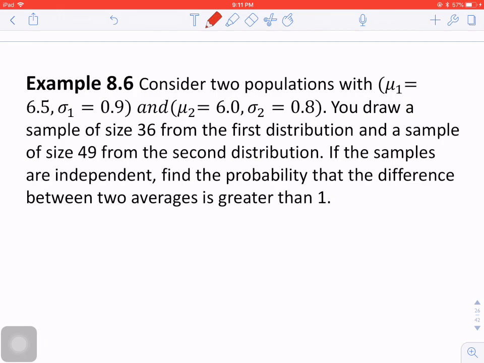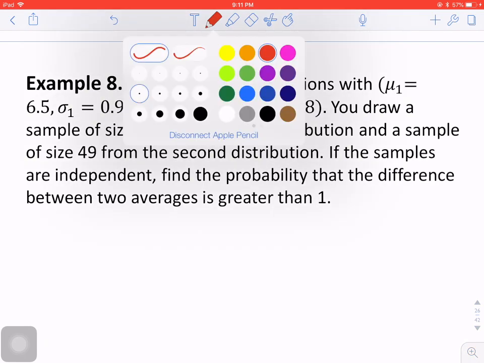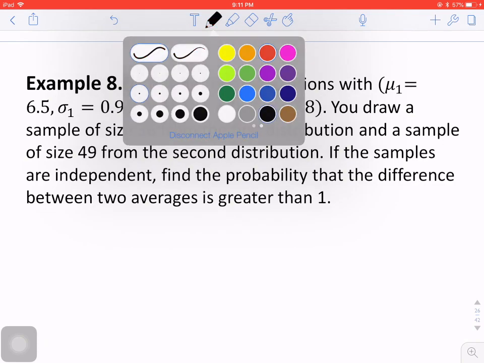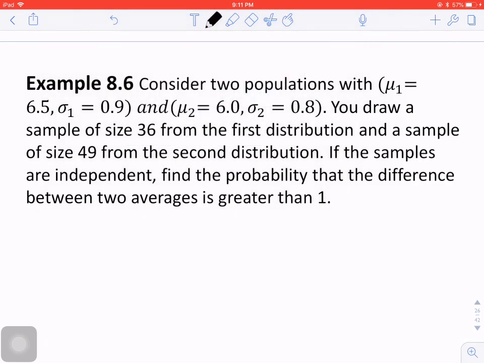Okay, so I will change the color from red to black. Now we have two groups, as before. For the first group, the population mean is mu1 and the population standard deviation is sigma 1.